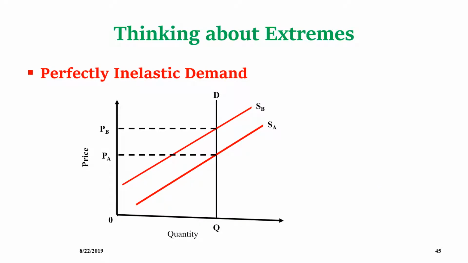Now for perfectly inelastic demand, these are extreme cases. For perfectly inelastic demand, the demand curve is vertical, parallel to the vertical axis. So whatever the price, the same amount will be demanded. Take, for example, insulin. For somebody who is a diabetic, the demand for insulin is perfectly inelastic. Whatever the price, the consumer will still buy the same amount of vials of insulin.